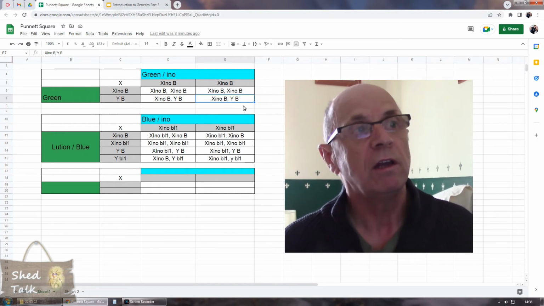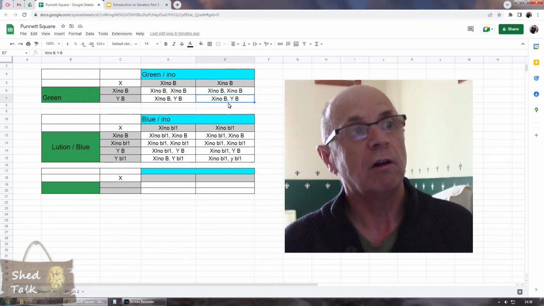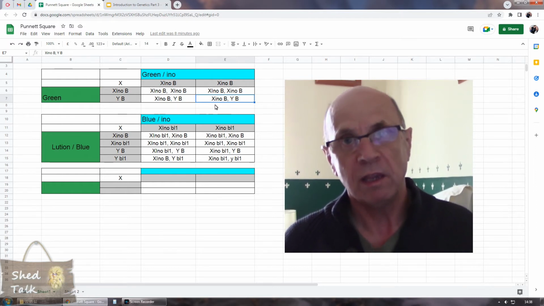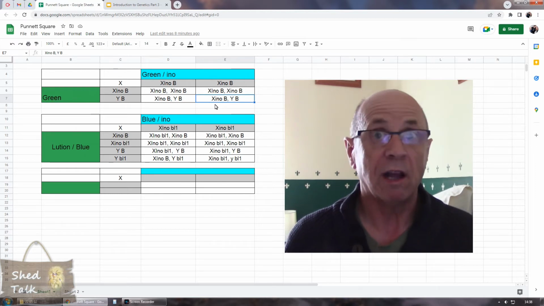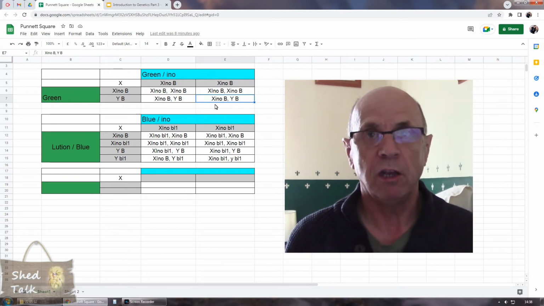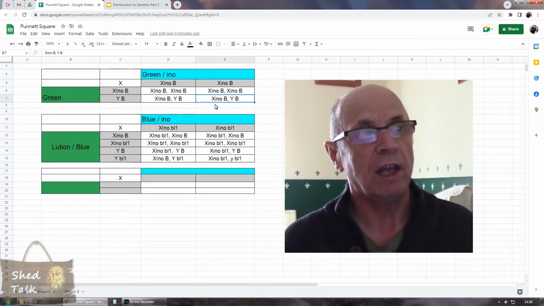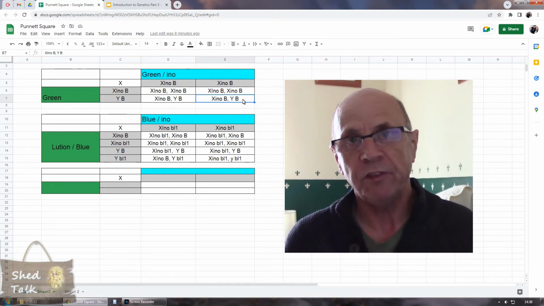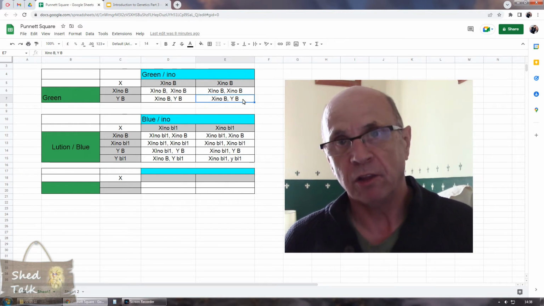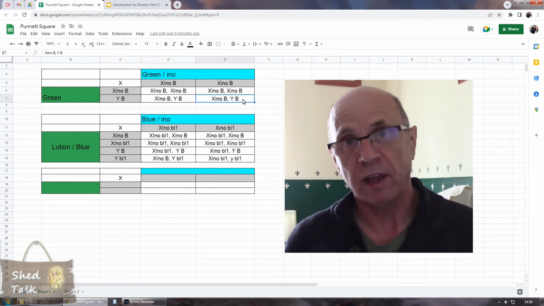So this one here is going to be a green series INO, which makes it a yellow bird. We said that the green series INO is all yellow. It's going to be a hen, and we refer to that as a lutino. So there's going to be a lutino hen. That's that first one there, and notice that to get this, in effect, we just needed the INO mutation alone to get the lutino.